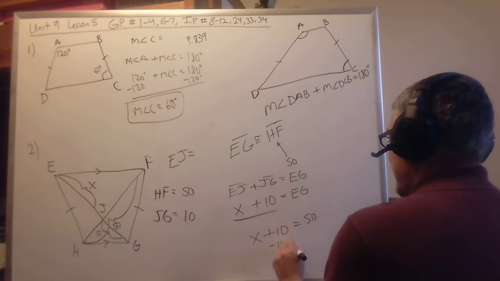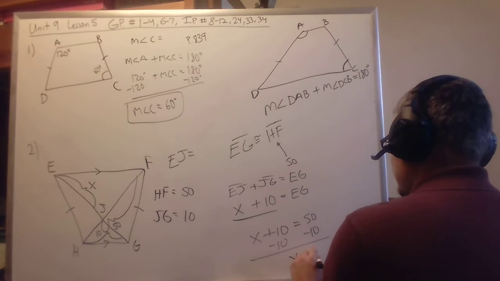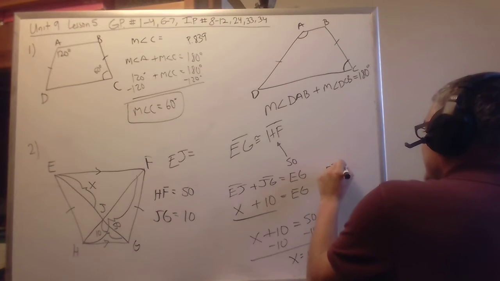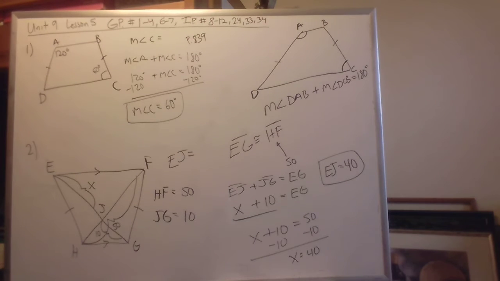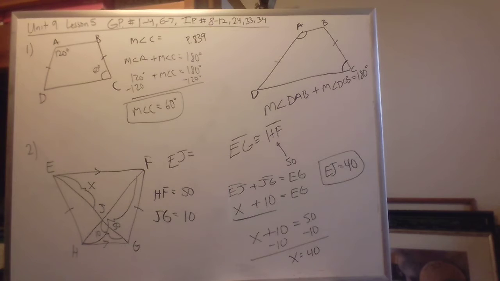And then we're just going to subtract 10 from both sides, and we're going to get X equals 40. And therefore, EJ is equal to 40. All right, so now we're going to move on to question 3 and 4. I'm going to give you a second to write this down, and then we're going to move on.